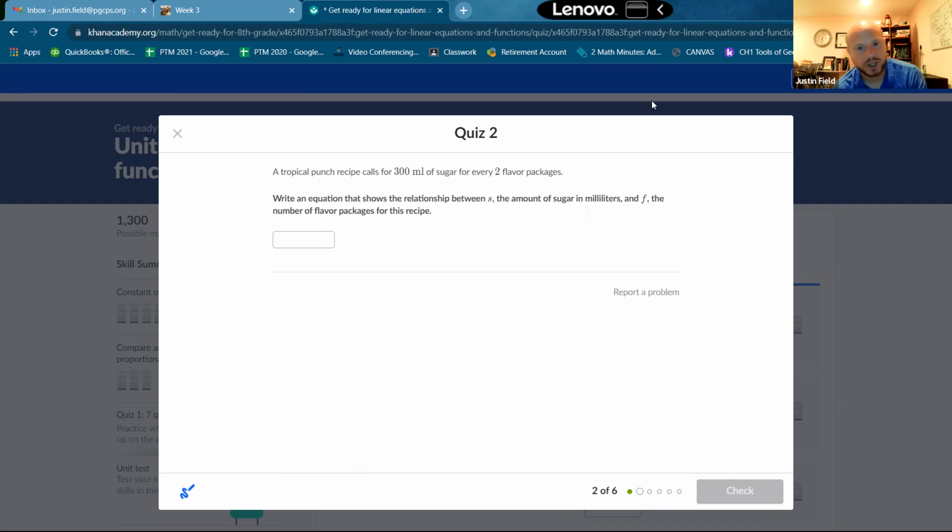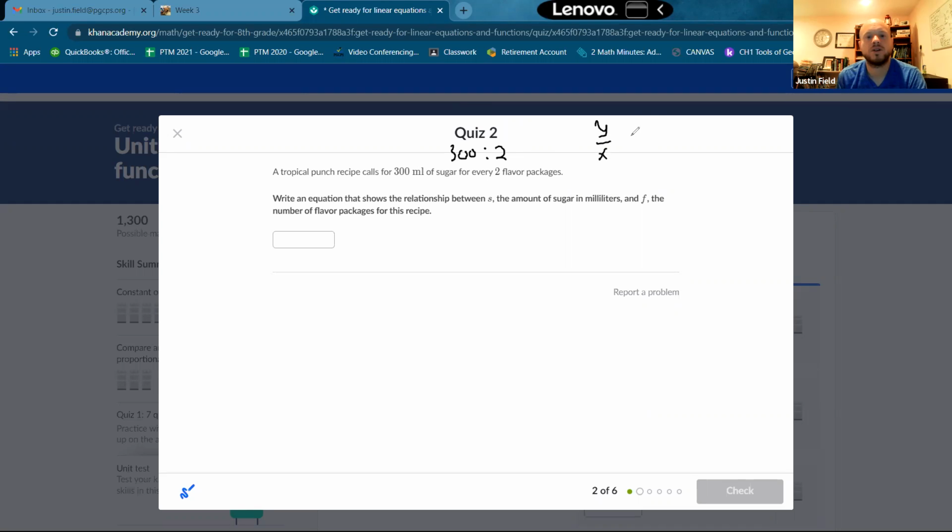A tropical punch recipe calls for 300 milliliters of sugar for every 2 flavor packages. There's a ratio right there, 300 for every 2. Write an equation that shows the relationship. All right, so here's one thing to know. The ratio, you can think of it as the constant of proportionality, that y over x.